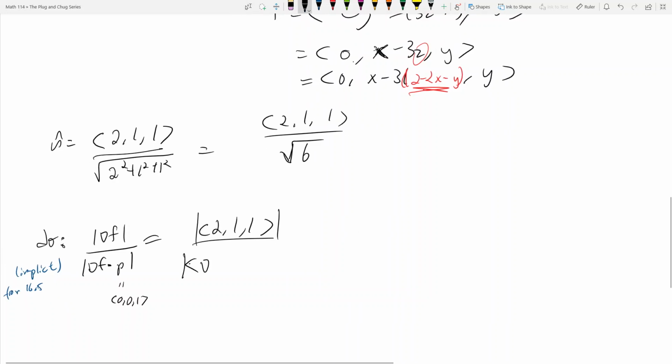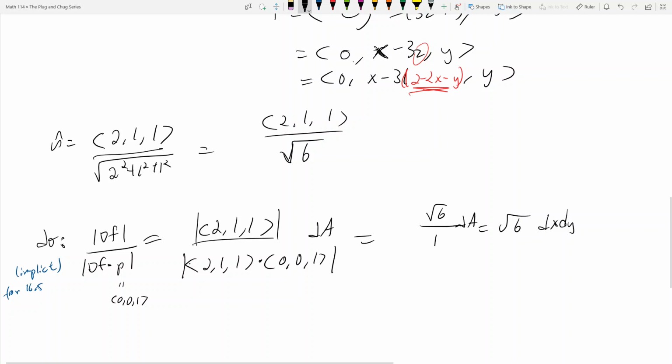So this is the absolute value of 2, 1, 1 dotted with 0, 0, 1, which is p, and I get root 6 on top, and on the bottom I get 1, and so d sigma is root 6 dx dy. Because we shadowed, these need to have dAs on them, and dx dy is dA because of my choice of p. So p is equal to 0, 0, 1 because we shadowed into the xy plane.